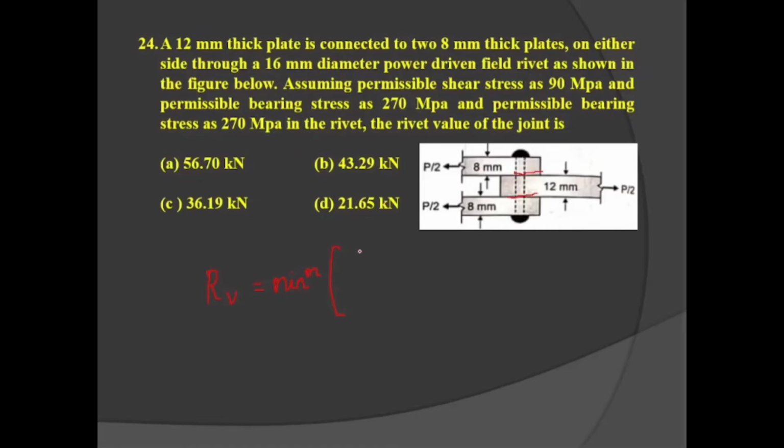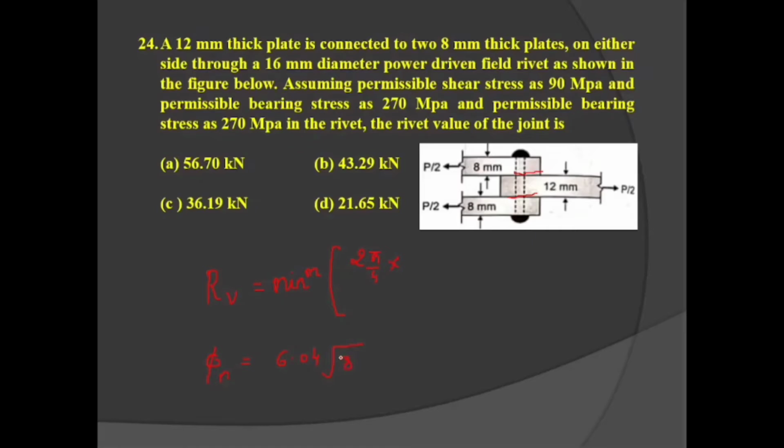So PS is 2 pi by 4 gross dia square. Here the diameter of rivet is not given, so initially we have to calculate the nominal diameter of the rivet. By Unwin's formula, phi n is 6.04 under root of T minimum.